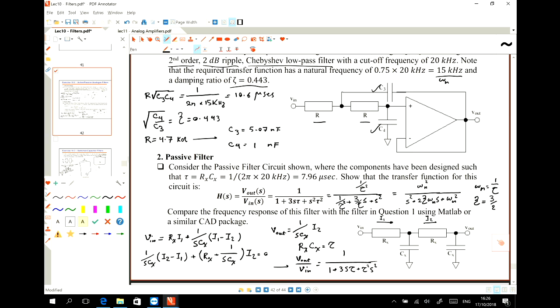So it is overdamped because zeta is greater than 1 and the transition is so slow. So this is one thing that I wanted to mention. Any question on this filter? No? Okay.